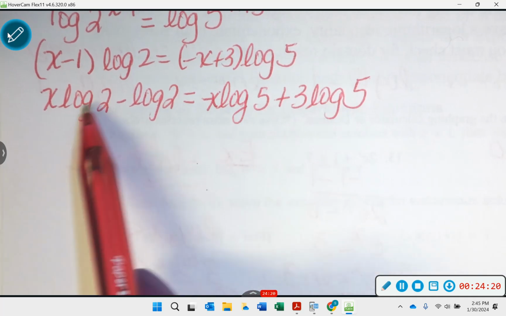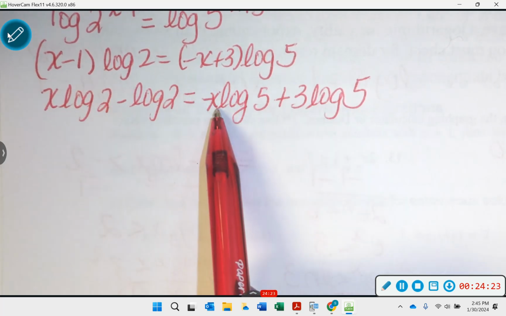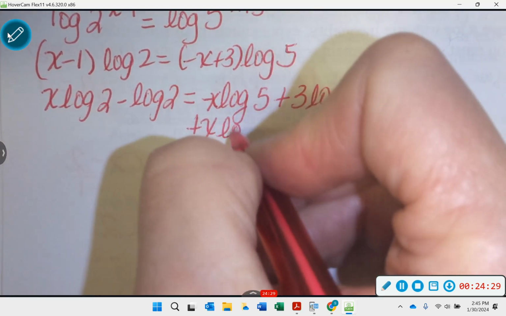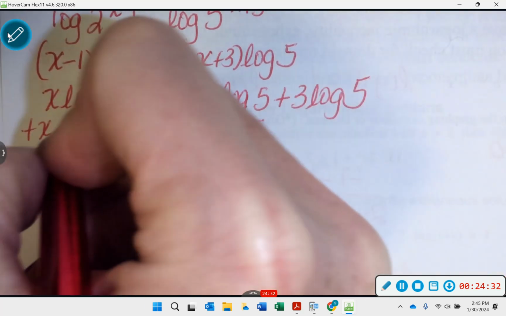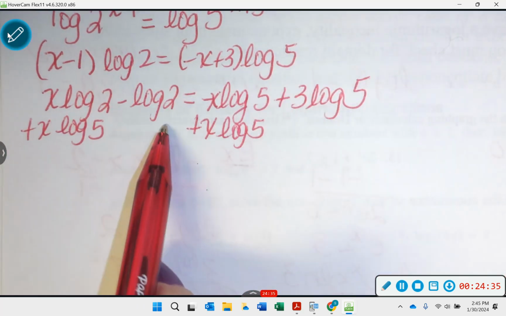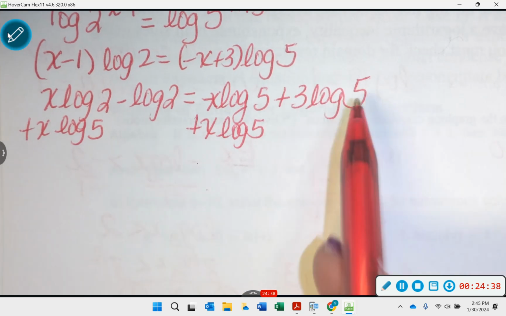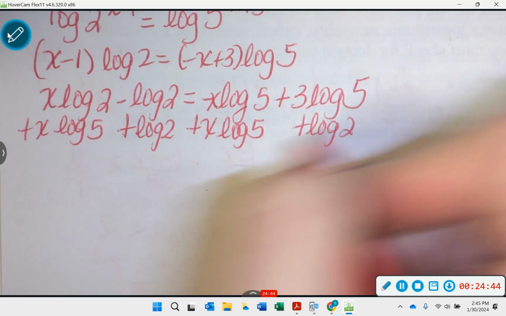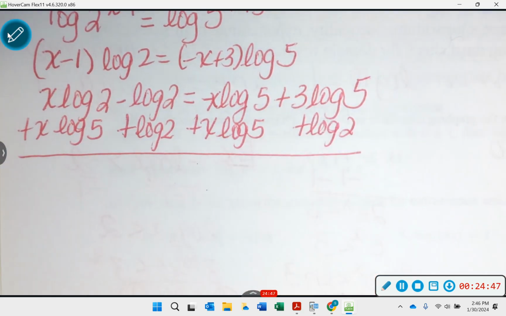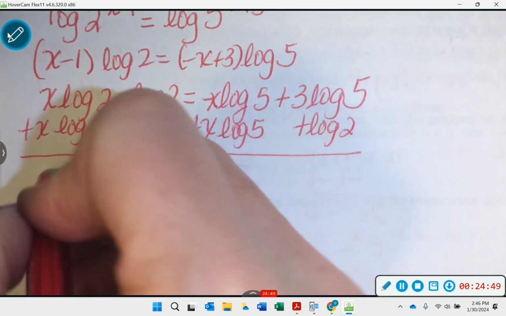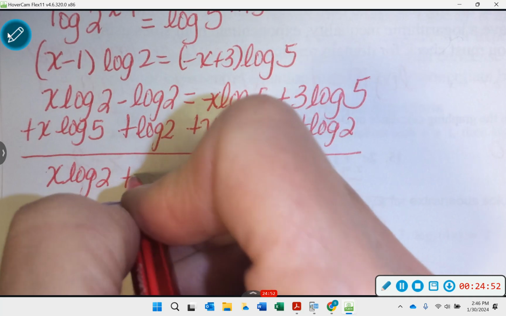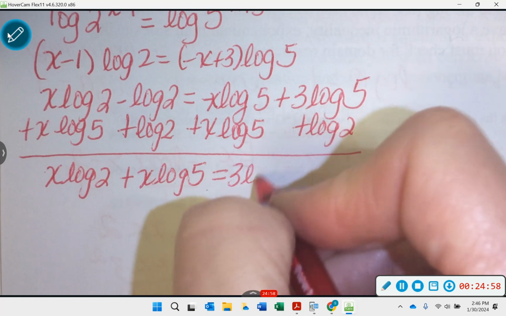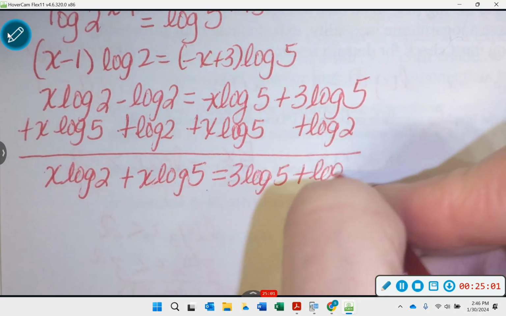So I have to add x log 5 over there, and add log 2 to the other side. None of these are like terms. So what I have is x log 2 plus x log 5 equals 3 log 5 plus log 2.